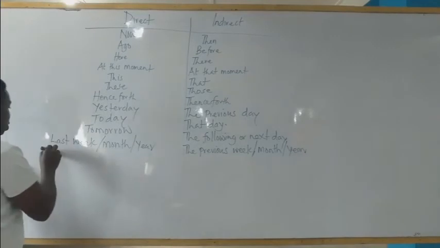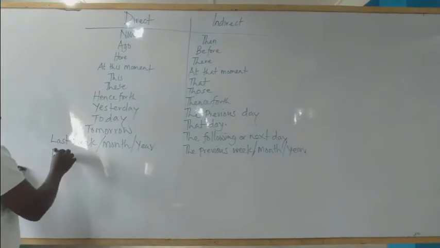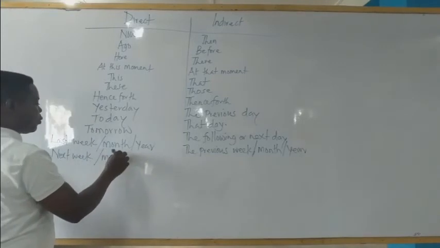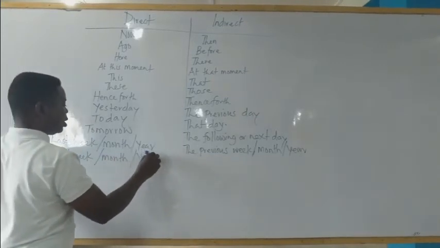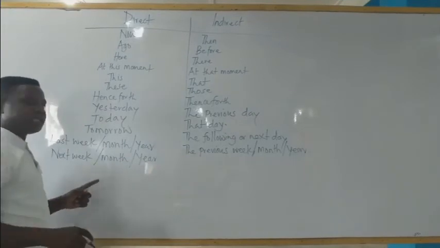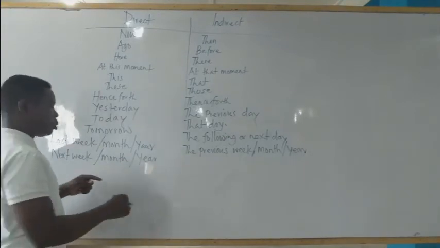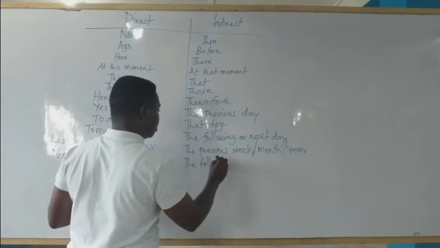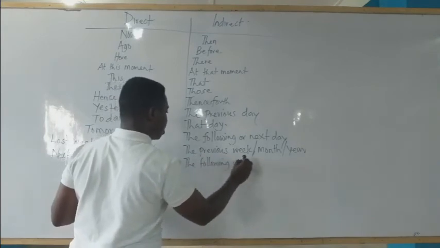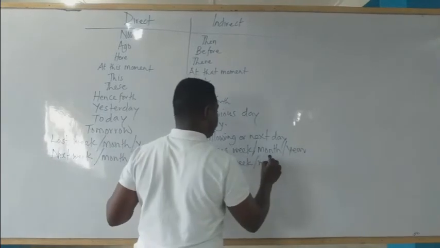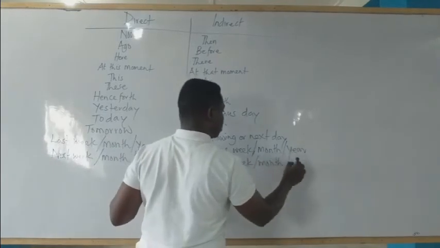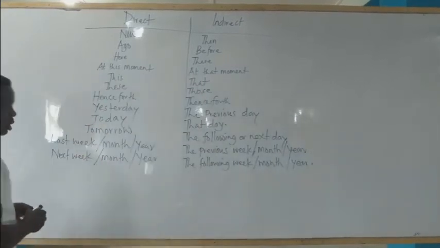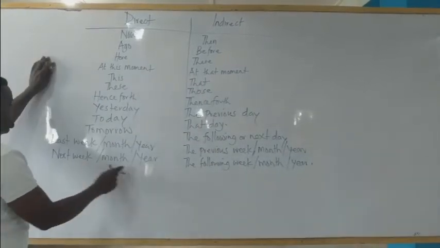Take note. Also, if you have next week, month, or year in your direct speech, by the time it is being reported, it becomes what? The following week, month, or year. Take note.